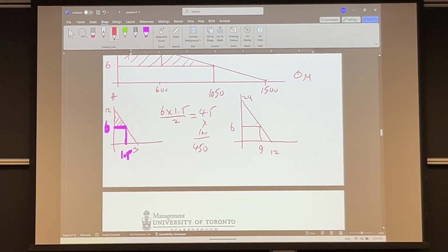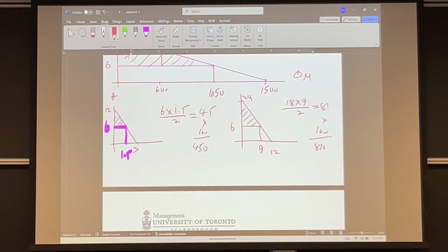So each individual gets this in surplus. That is 18 multiplied by 9 divided by 2. How much is that? 81. That's for one, but there are 100 people there. All combined get 8,100.